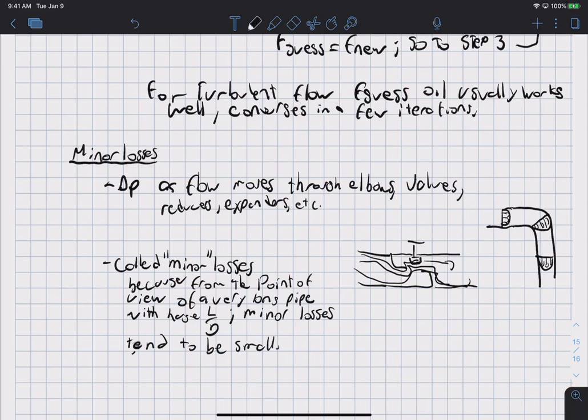They're called minor because, from the point of view of an oil pipeline, which can be many hundreds of miles in length, the flow loss through the valves and elbows and bends in the pipeline simply doesn't matter compared to the major losses, or just the wall shear stress from the pipe itself.